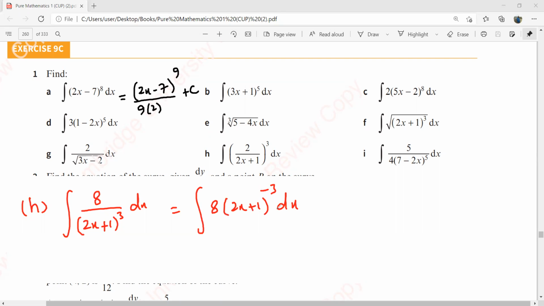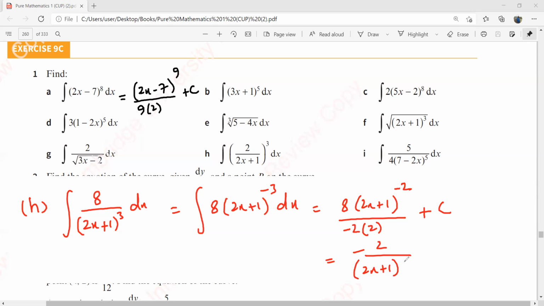Please remember, never ever try to differentiate or integrate anything in the denominator, so this has to be moved to the numerator. This now becomes 8 into (2x plus 1) to the power minus 2, over minus 2, and then the derivative of the expression, that is 2, and then plus c. Finally this is going to be minus 2 over (2x plus 1) whole squared plus c. That is its integral.